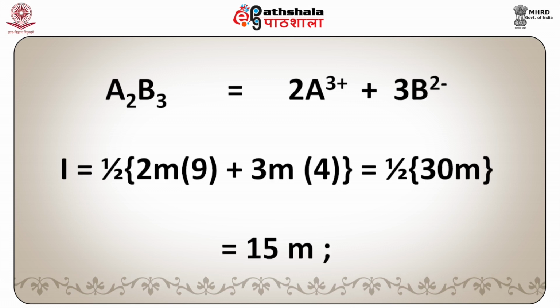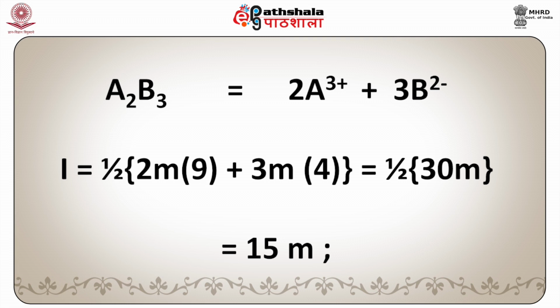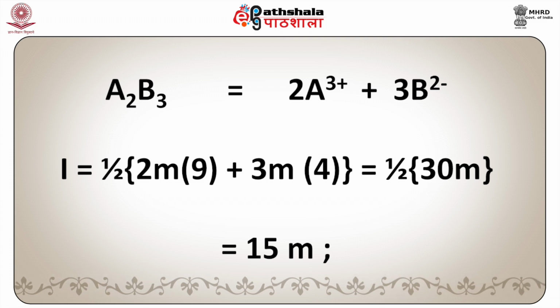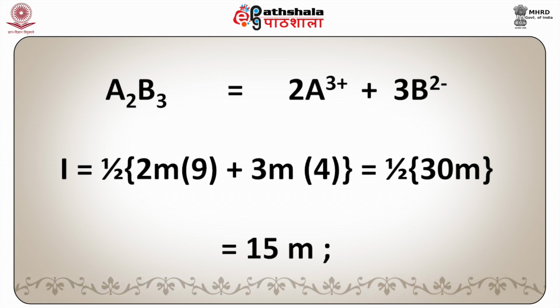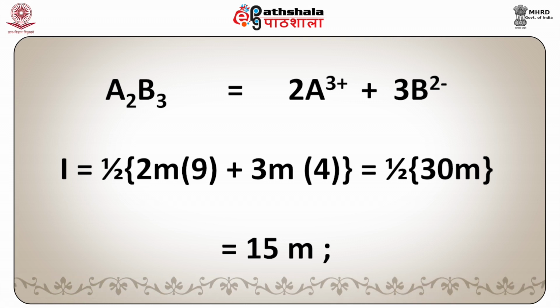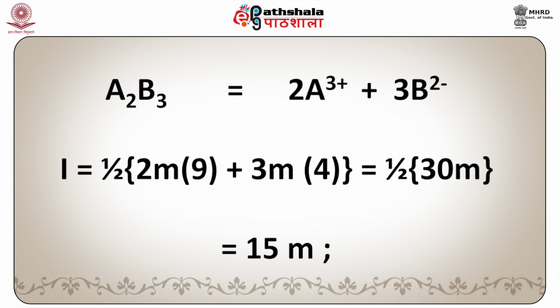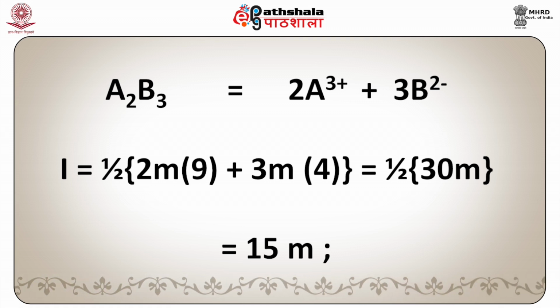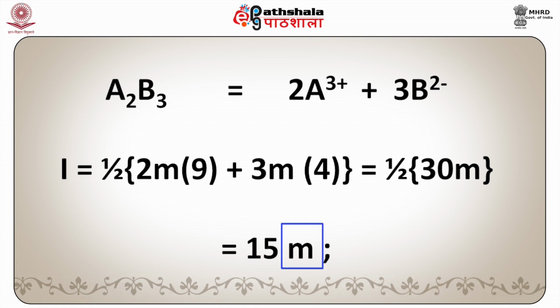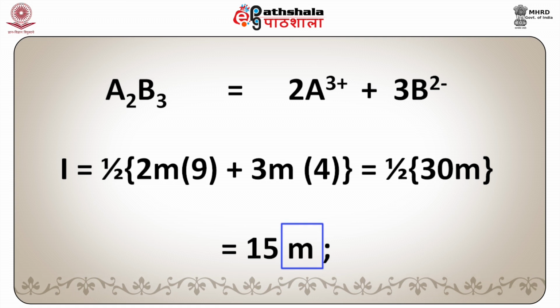While for a bivalent trivalent electrolyte of the type A2B3, which dissociates into twice A3 plus plus thrice B2 minus, the ionic strength I will be given as I equals half 2m 3 square plus 3m 2 square, equals half 30m, which is equal to 15 times m, where m is the molality of A2B3 in the solution.